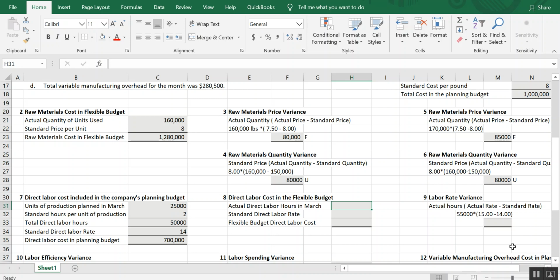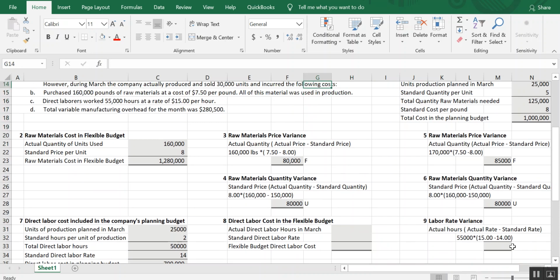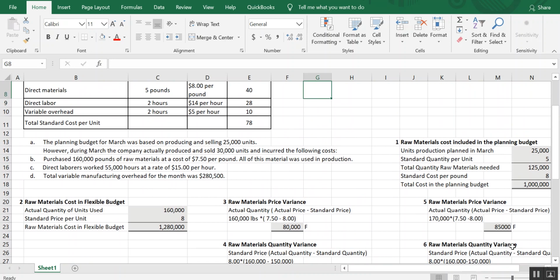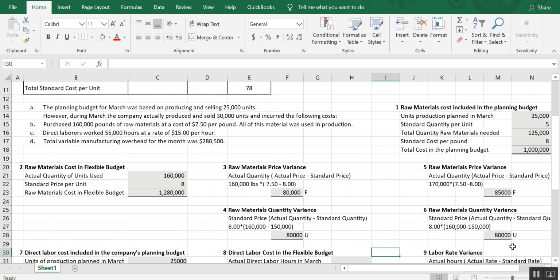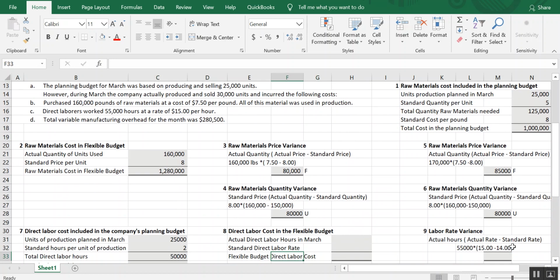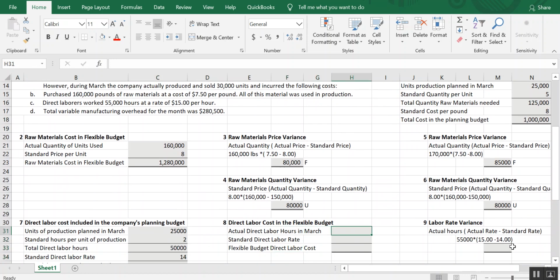So when we come over to number 8, we're going to look at the direct labor cost in the flexible budget. We want to look at the actual hours utilized. We're not looking at the standard anymore. We're looking at actual hours. We actually worked 55,000 hours. So for number 8, the actual direct labor hours of March were 55,000 hours.